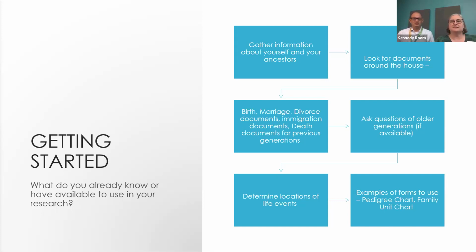So anything you have sitting around the house, as well as birth, marriage, divorce documents, immigration documents, death documents for previous generations. Then ask questions of older generations if they are available for you to ask. Determine the locations of life events. And then we'll show you a couple examples of forms to use, such as a pedigree chart and a family unit chart.